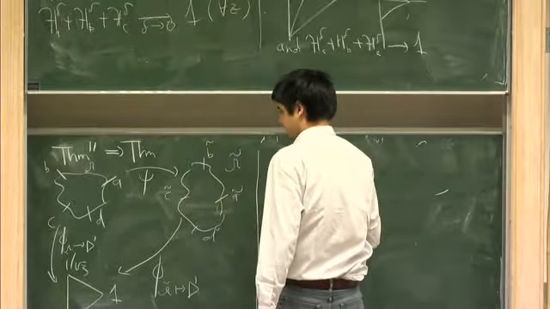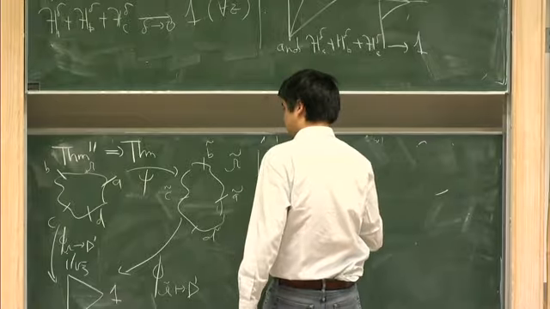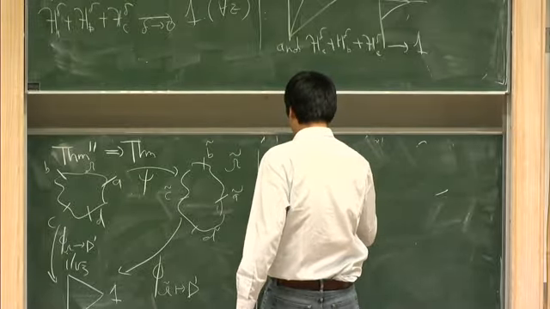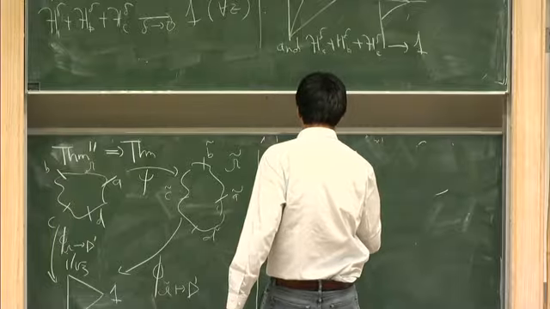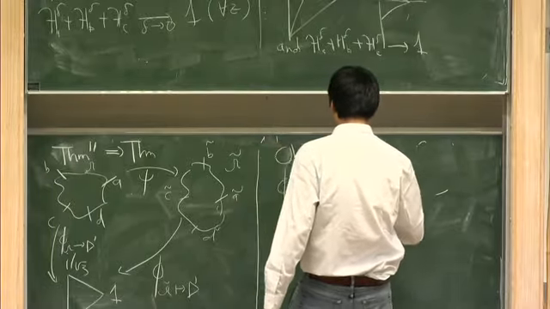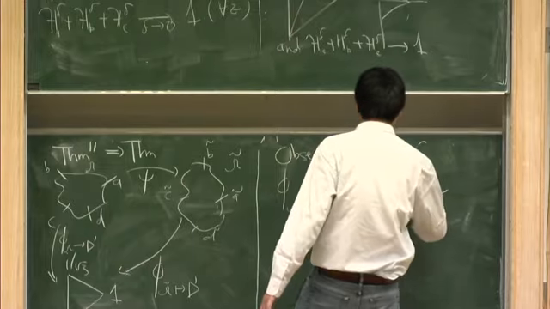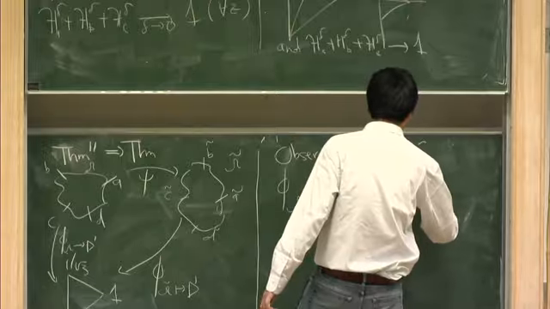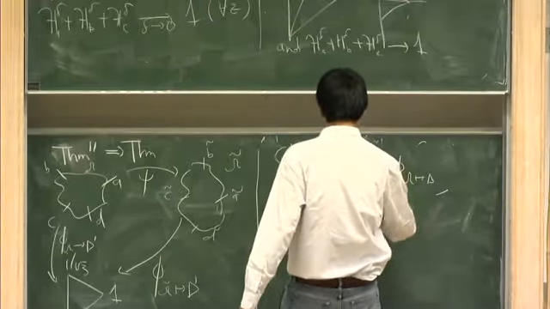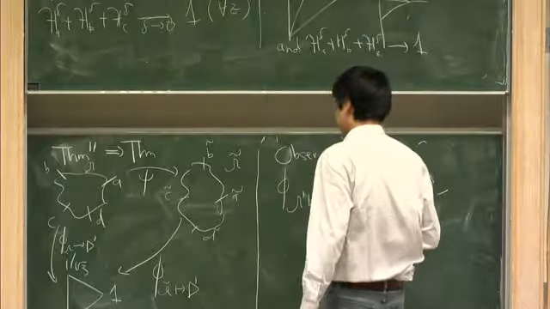So phi from omega to delta prime is equal to phi from omega tilde to delta prime composed with psi.